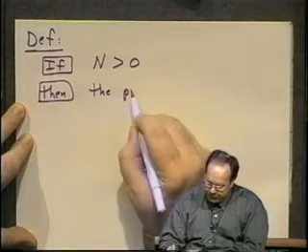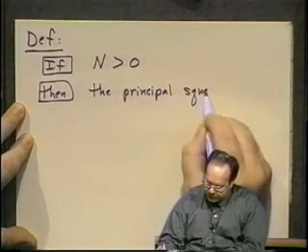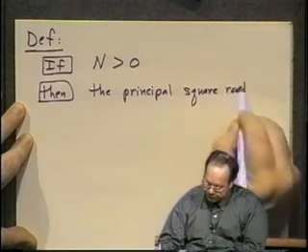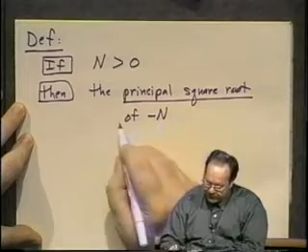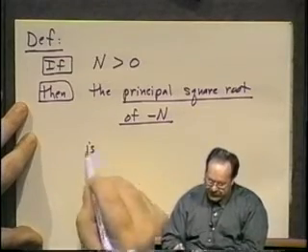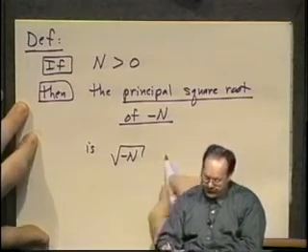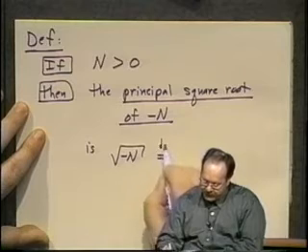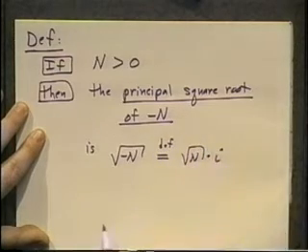The principal square root of minus N, which is definitely a negative number, since N is positive, is, here it is, the square root of minus N, same symbol. It is by definition defined to be the square root of N times i.